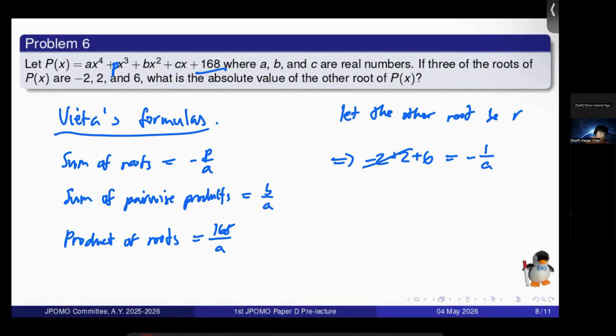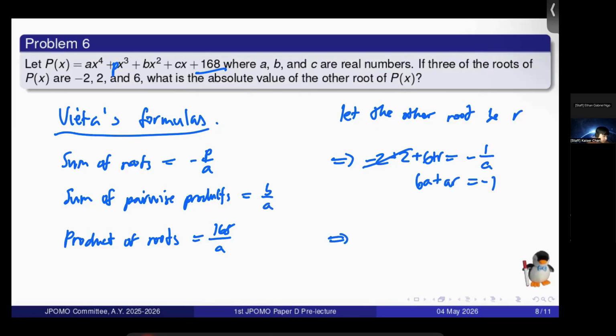Basically, these two cancel. If we rewrite this, we have 6a plus ar equals -1.